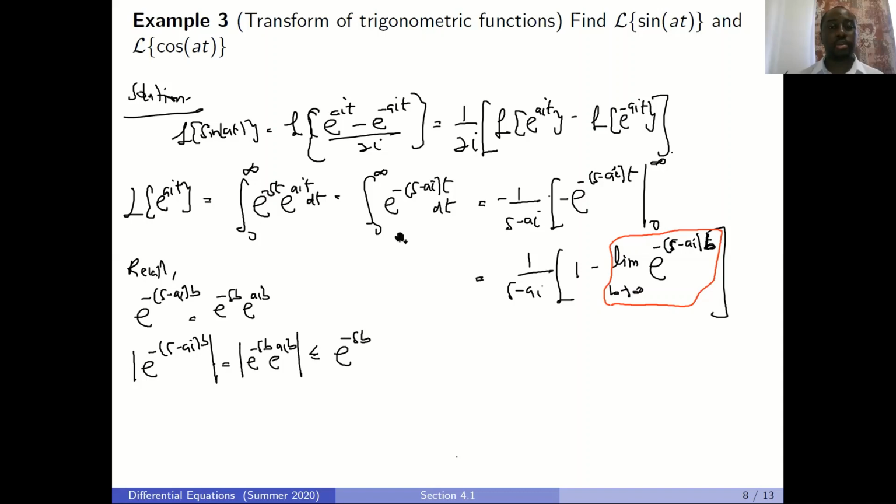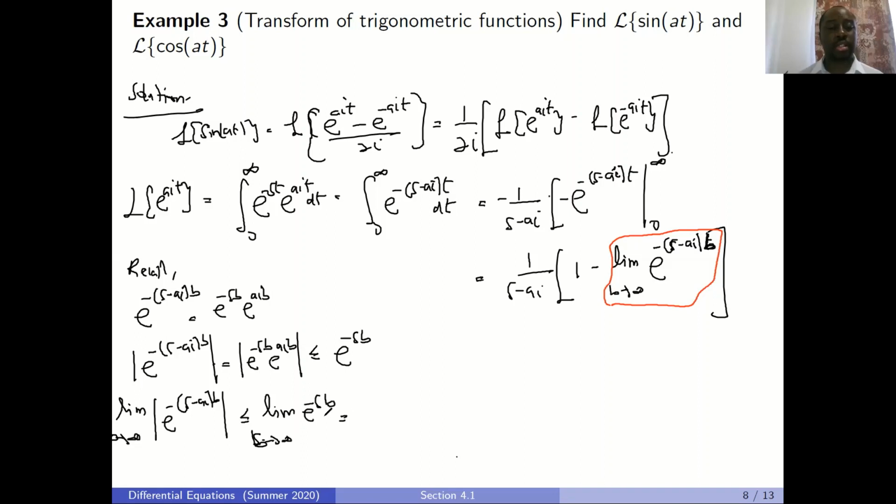Okay. And so the limit as b approaches infinity of e to the minus s minus aib will be less than or equal to the limit as b approaches infinity of e to the minus sb, right?